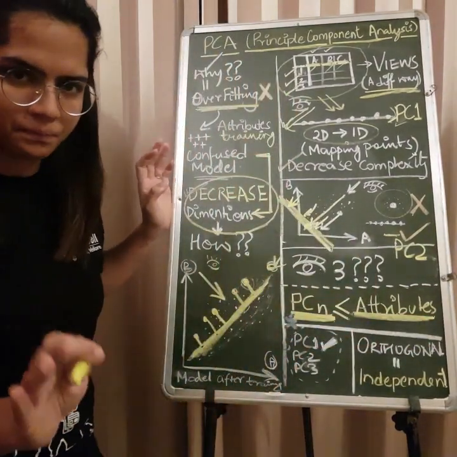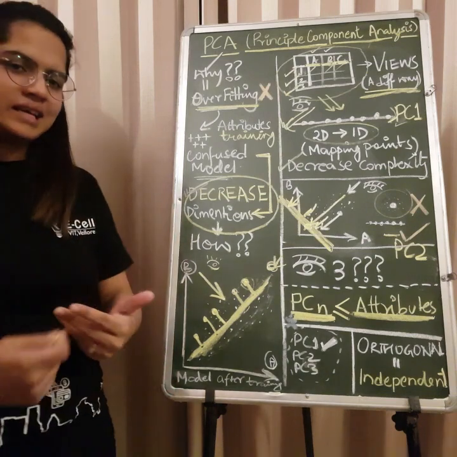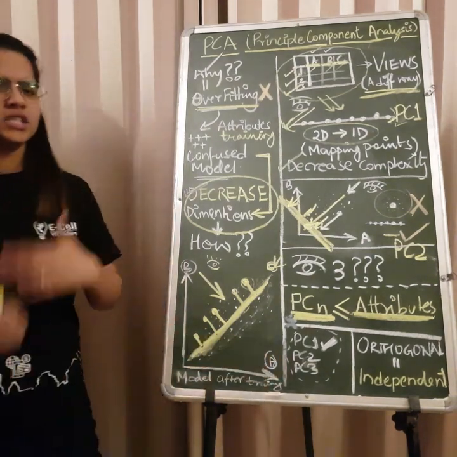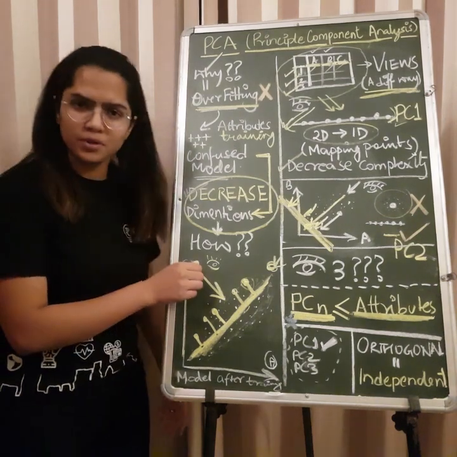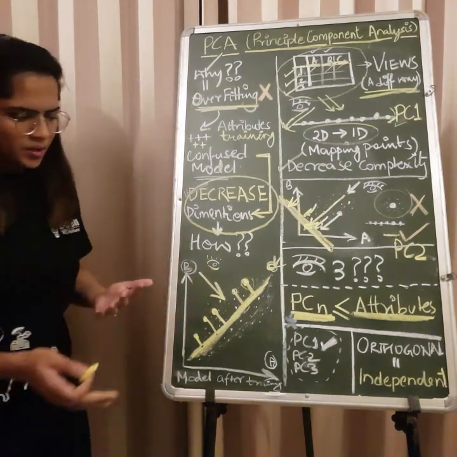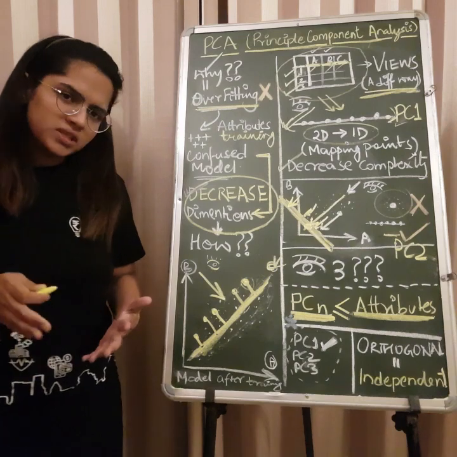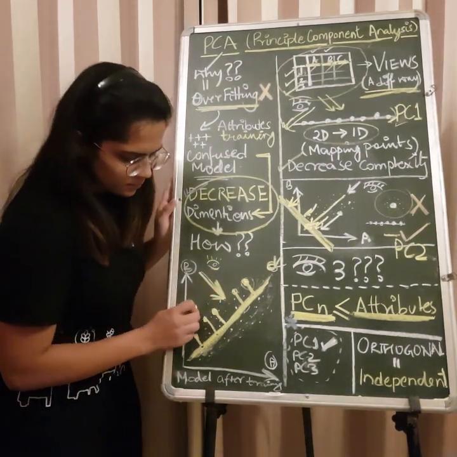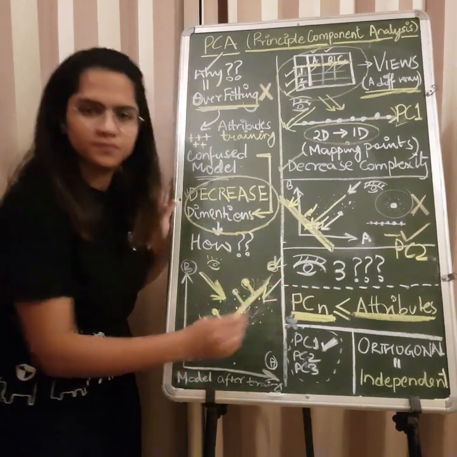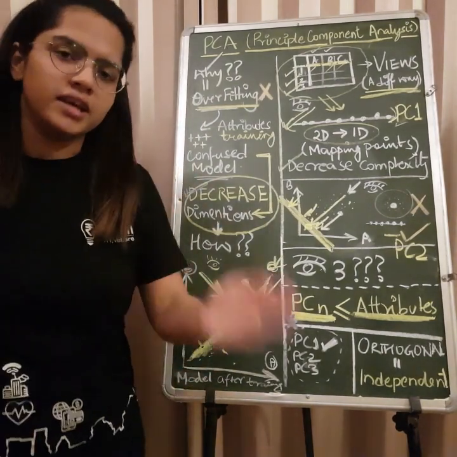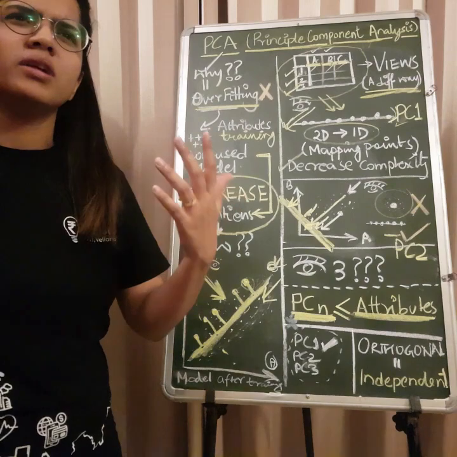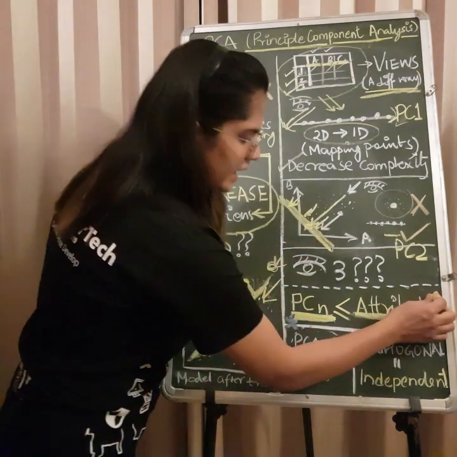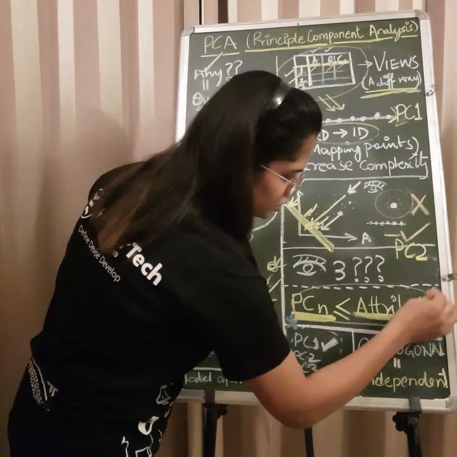So in our case, since we were plotting between an attribute A, let's say speed of delivery, and attribute B, let's say cost of toppings, the maximum number of principal components that we could get was 1 and 2. Any other third thing is a naive approach to look at this. So this is a very important point that I want you guys to remember.